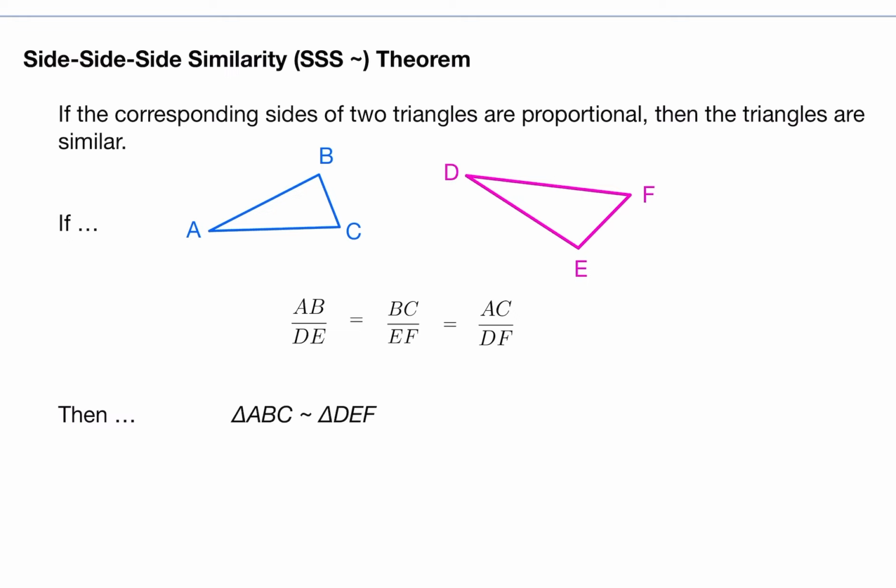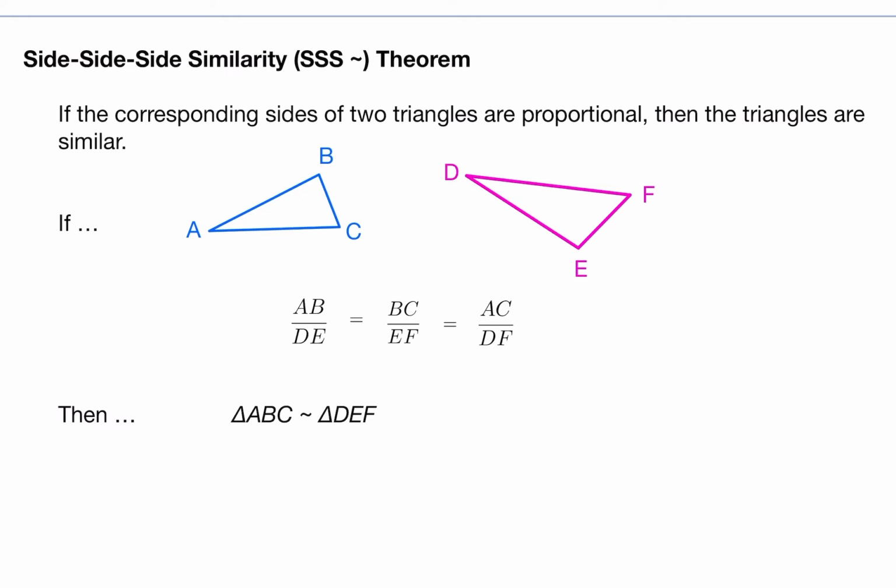Okay, and then the third side is AC. Then that represents the first and third letter of this triangle, and so we have to compare that to the first and third letter of the second triangle, which happens to be DF. Okay, so if all three of these ratios are equal to each other, then both triangles are similar.